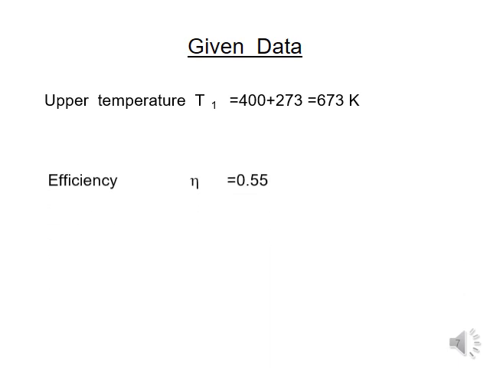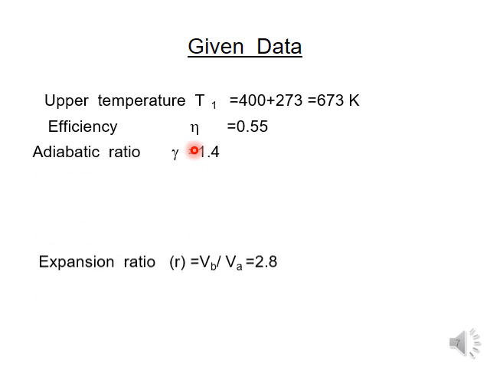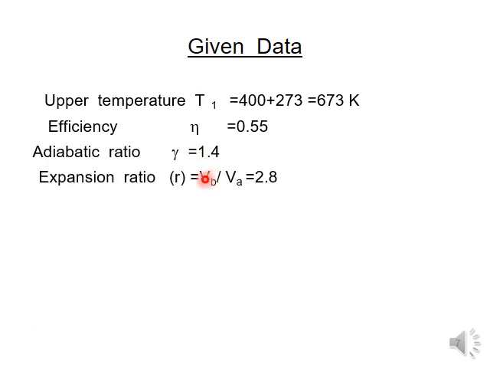First write the given data. Upper temperature T1 is 400 plus 273, 673 Kelvin. Efficiency 55% is given, so I converted it into 0.55. Adiabatic index 1.4. Expansion ratio. We have to draw the Carnot cycle on a PV diagram, which is very important, because the problem gives the expansion ratio.